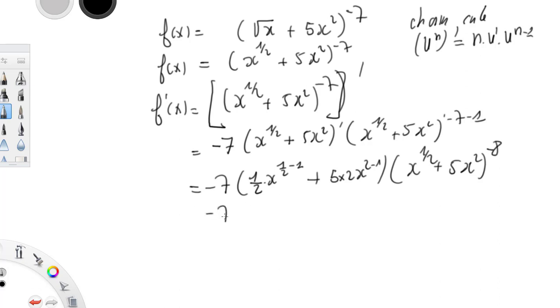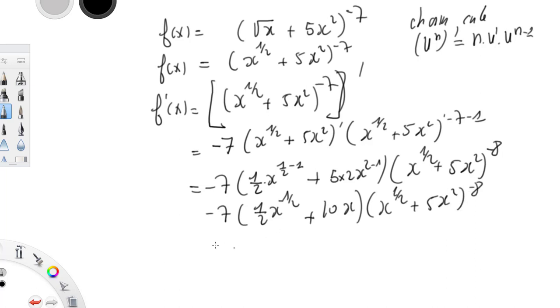At the end, we have negative 7 times (1 over 2 x to the power of 1 over 2 minus 1, which is negative 1 over 2, plus 5 times 2 is 10x, because 2 minus 1 is 1, so you have 10x), multiplied by (x to the power of 1 over 2 plus 5x squared) to the power of negative 8, right?